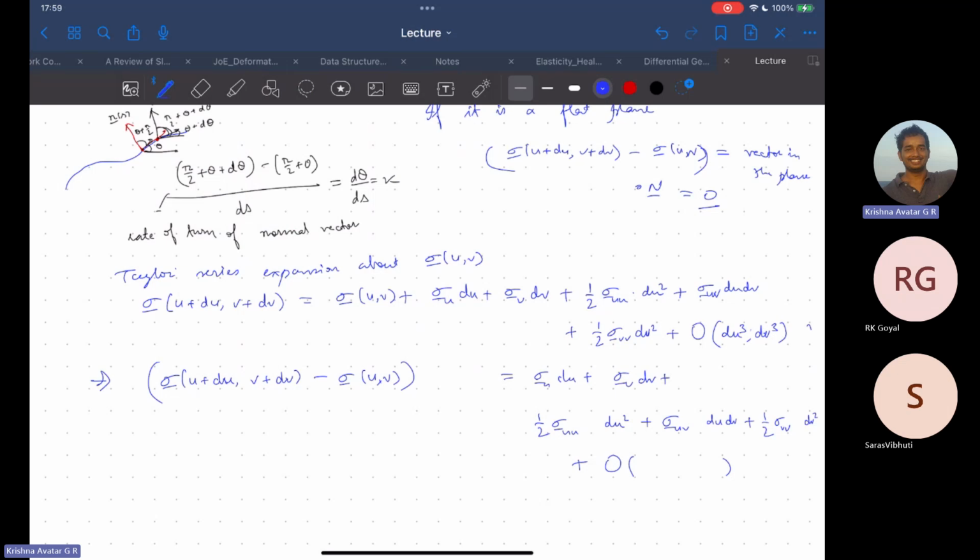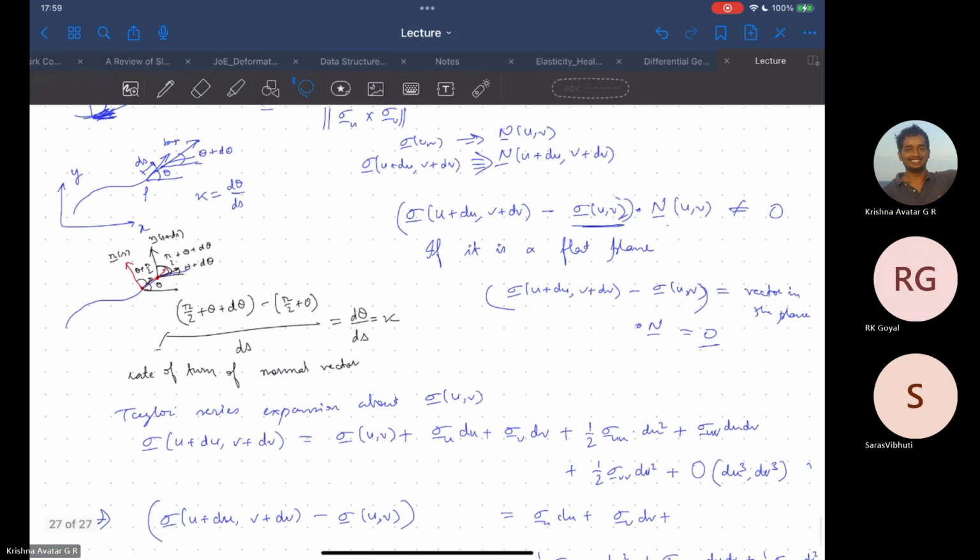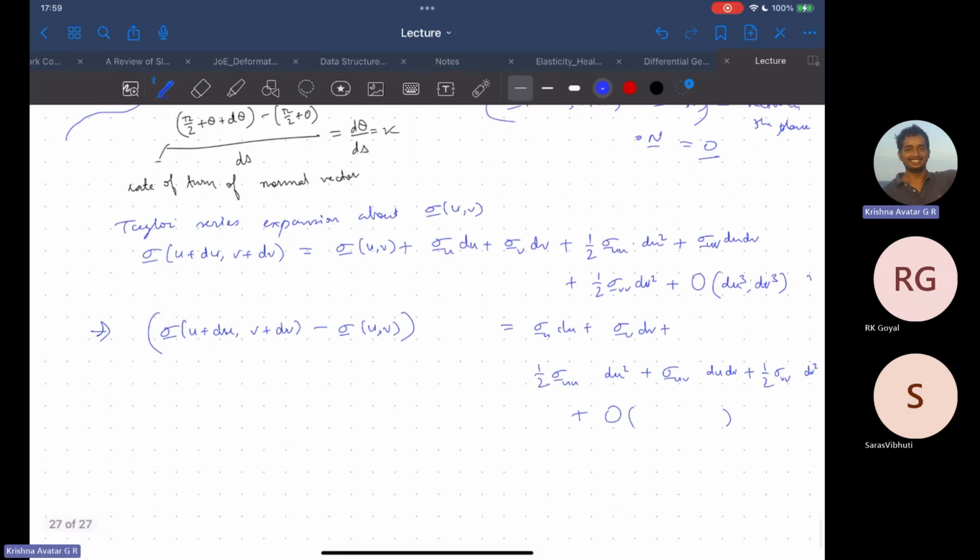Now we want the expression for this difference dot n. So we multiply throughout by n. The remainder terms we can just ignore.